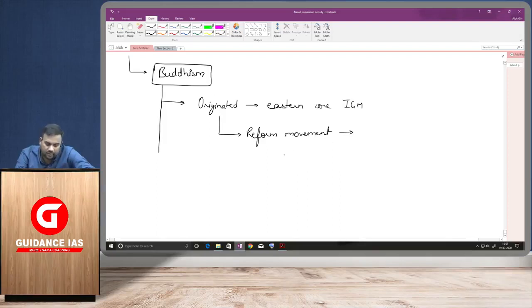And a very important feature of this religion is that it is a monotheistic religion, which believes in a single God. Actually it was a kind of reform movement within Hinduism, because Hinduism by the later Vedic period had become too corrupt, too orthodox, with so many difficult and costly practices. So it was just a kind of reform movement.